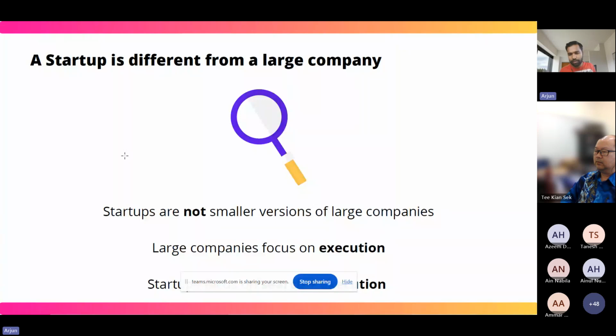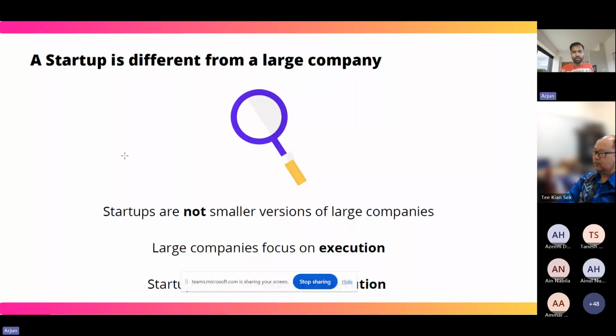I can't compare myself as a smaller version of these companies, because these bigger companies have already found out what their products are and how they want to sell these products. They have already found out who their target customers are. They already know what their market is, and where their market is.